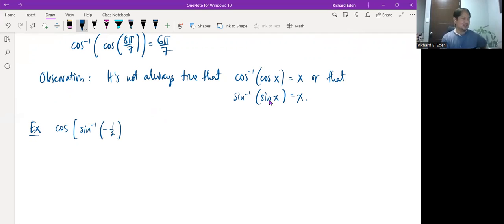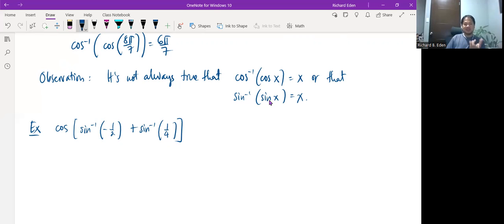Evaluate the cosine of sine inverse of -1/2 plus sine inverse of 1/4 without using a calculator, because we want to figure this out exactly. If you're going to use a calculator, what a student would do is calculate sine inverse of -1/2 and sine inverse of 1/4, and then figure out that sum.